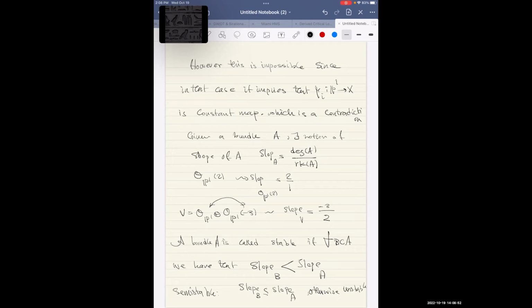So somehow you will be looking at the degree, the coefficients of the Hilbert polynomial of that sheaf. But we will do that when we go to Donaldson-Thomas theory. If it comes up, because we are going to use the stable sheaves and so on, we will use that and review it. Okay, so that's the proof.